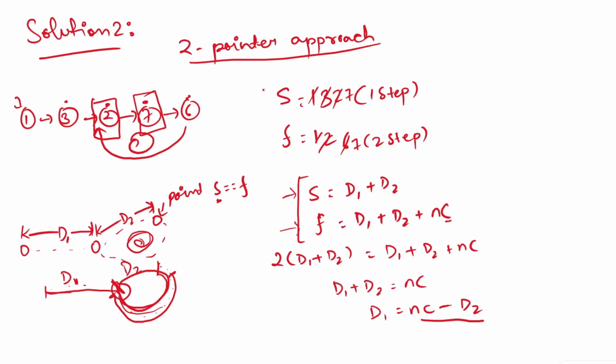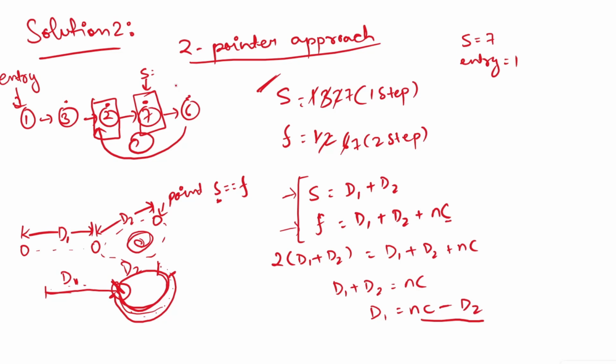So after finding the point where slow equals fast, what I have to do is start from here. I will move my slow pointer by one step, and I will start my entry pointer from the head, also one step at a time. Let's say slow points to 7 and entry points to 1.